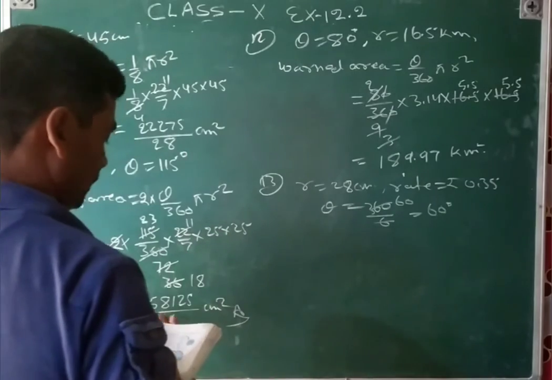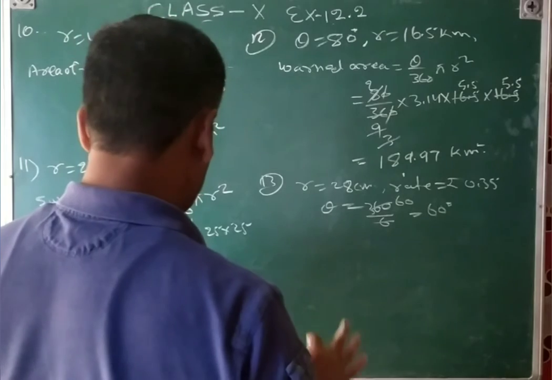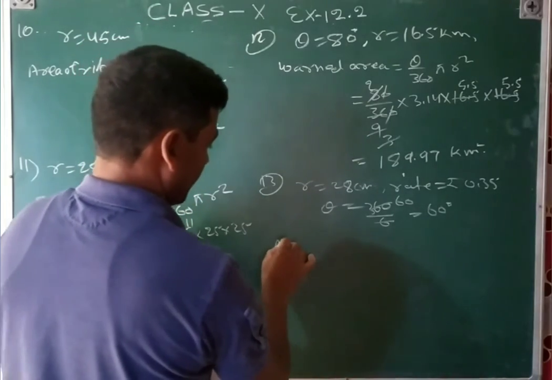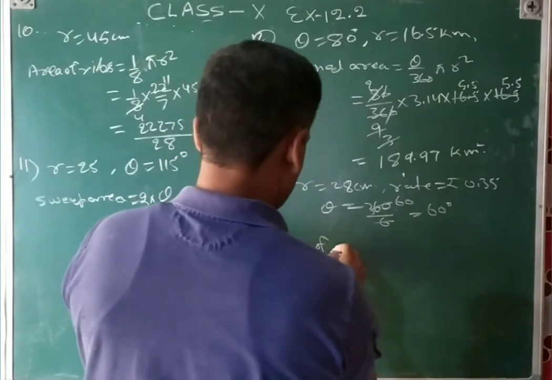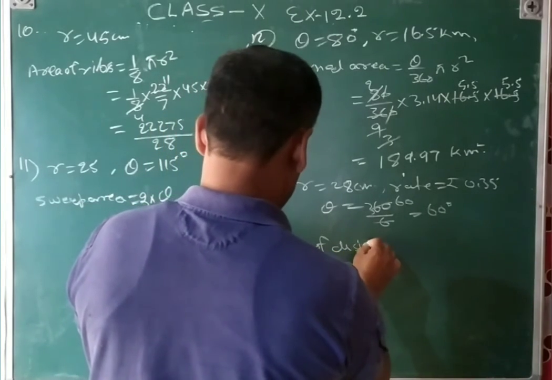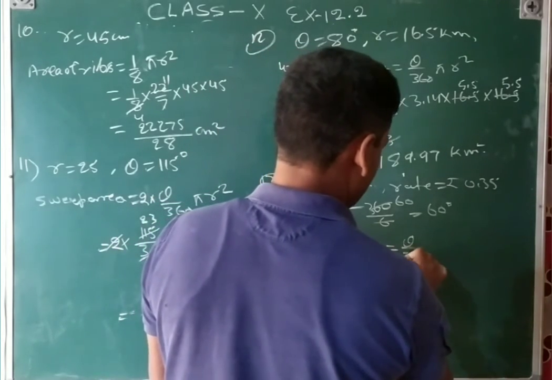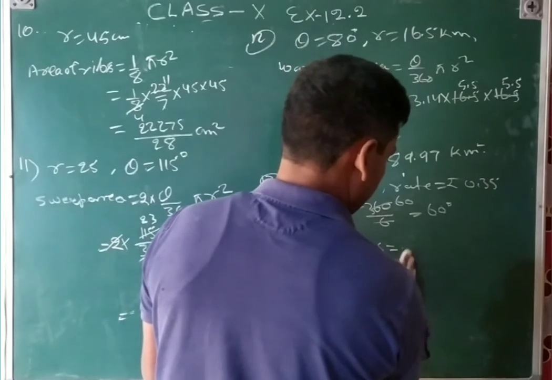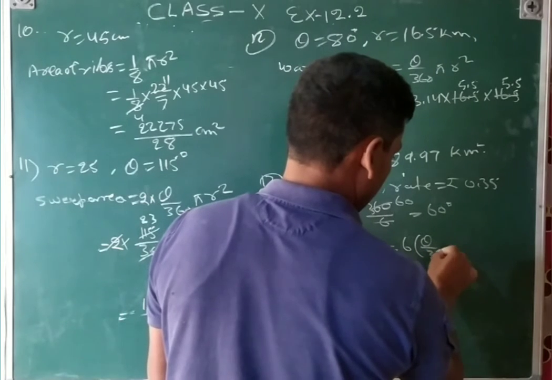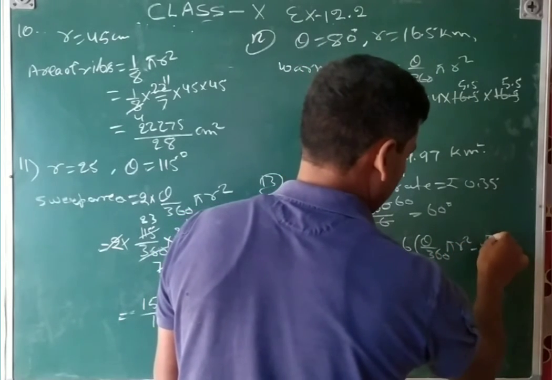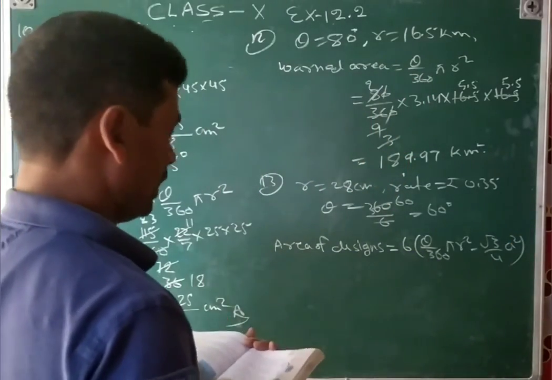And then after, we will see that first of all we find the area of designs, is equal to theta upon 360. Just wait, 6 designs are there. So theta upon 360 pi r square minus under root 3 upon 4 a square, because theta is 60 degree given there.